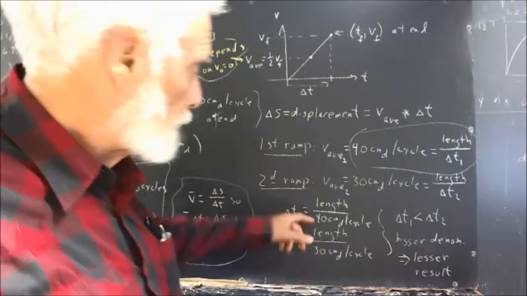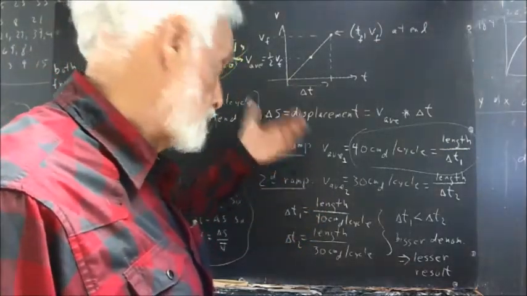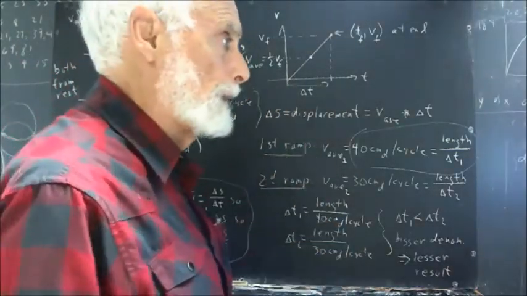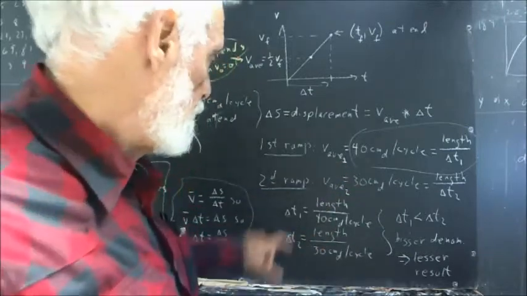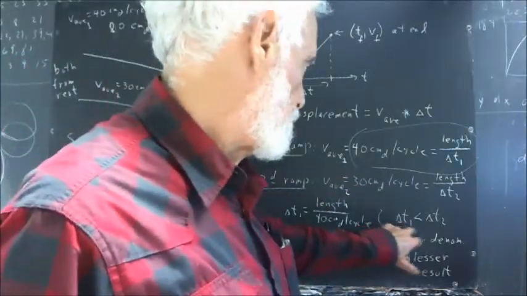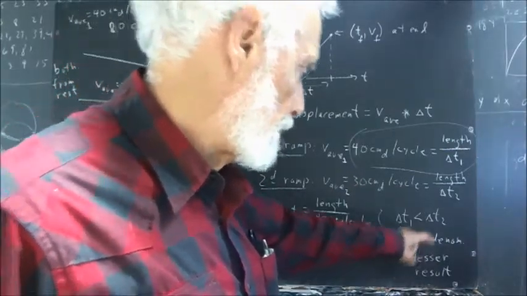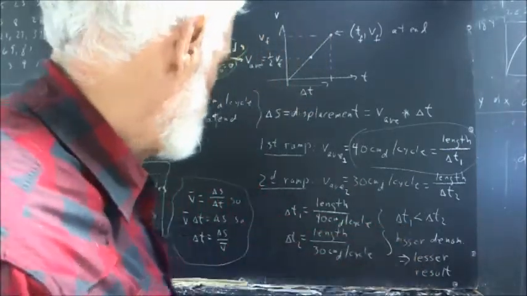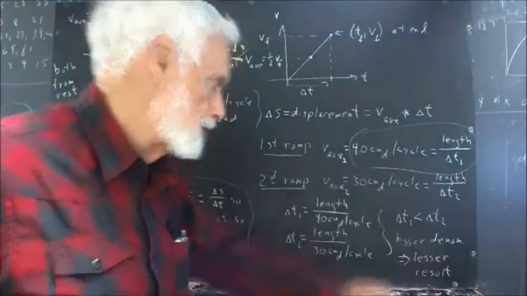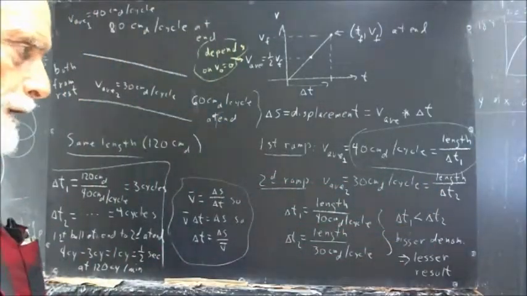Well, a larger denominator gives you a smaller result. If you divide by a bigger number, you get a lesser result. And from this, we can conclude that delta t1 is less than delta t2. This is because the bigger denominator implies the lesser result.